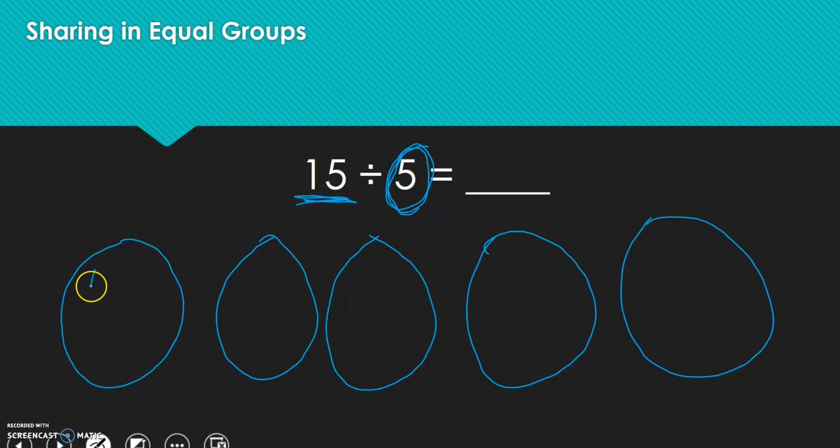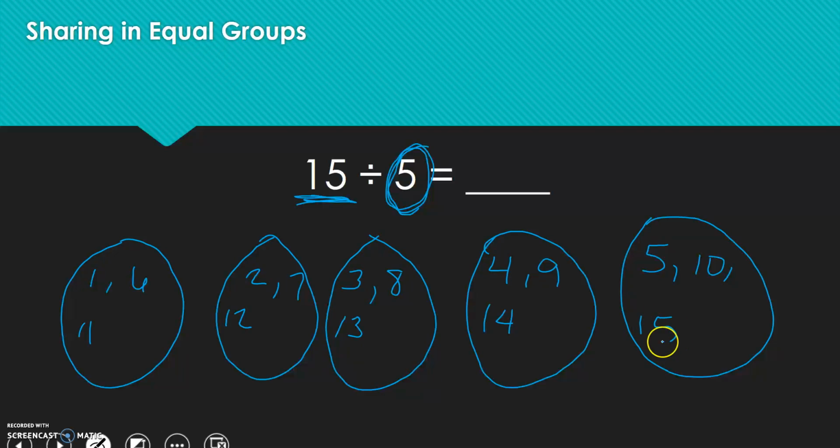So I'm going to start 1, 2, 3, 4, 5, 6, 7, 8, 9, 10, 11, 12, 13, 14, 15. Yep, and there I stop. I was going to keep going, but I need to stop at 15. So let's see how many I have in each circle. I have 1, 2, 3. So if I take 15 and I divide it into 5 groups, I'm going to have 3 in each group.